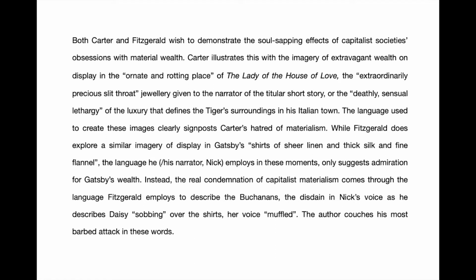Number 3. Both Carter and Fitzgerald wish to demonstrate the soul-sapping effects of capitalist society's obsessions with material wealth.